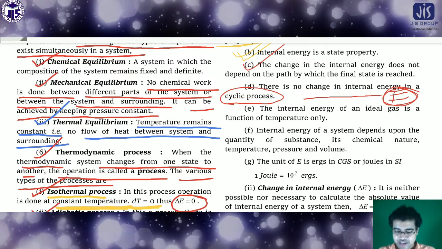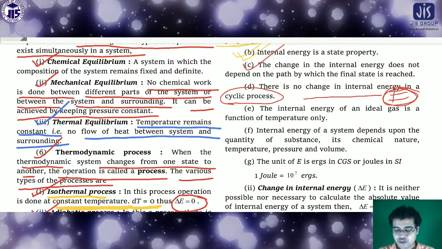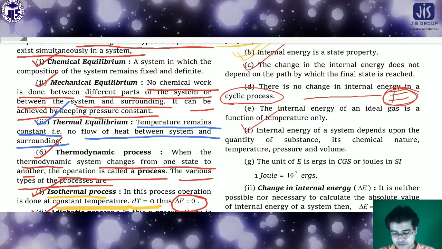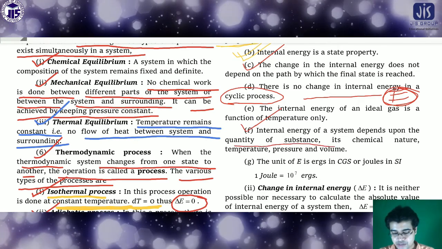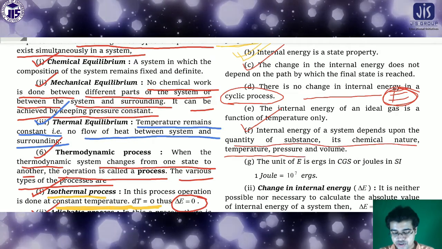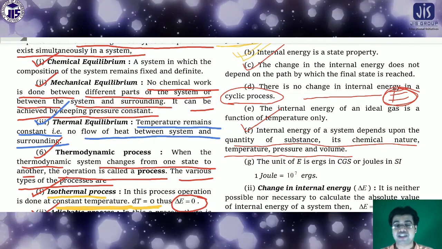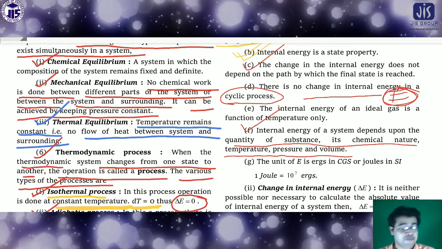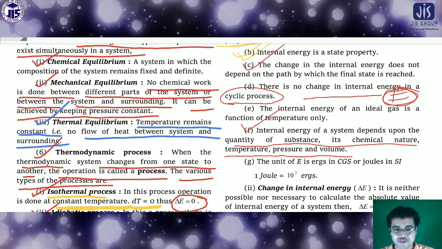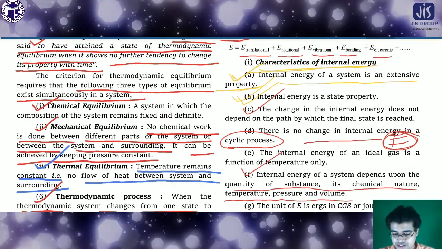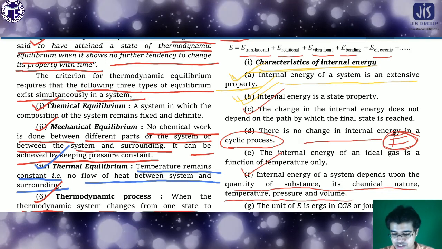Next, the internal energy of the system depends upon the quantity of the substance, its chemical nature, and temperature, pressure, volume. That's why it is an extensive property.